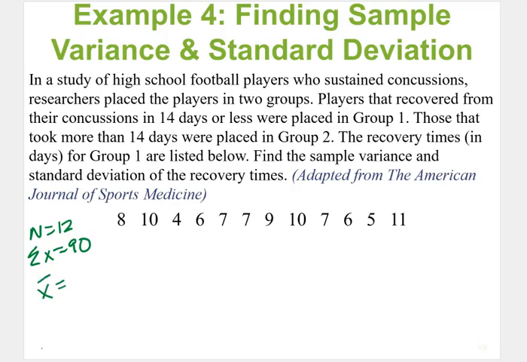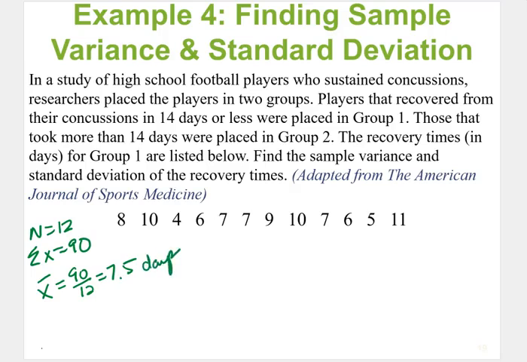So my x bar turns out to be 90 over 12, which is 7.5. So the mean recovery time is 7.5 days. Make sure you have a label on there because that helps.